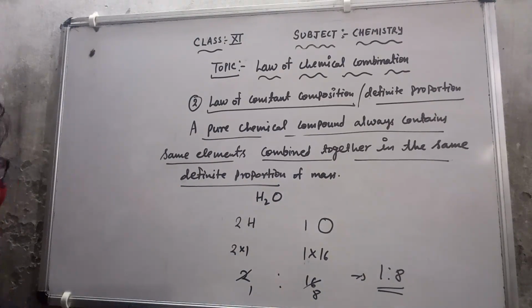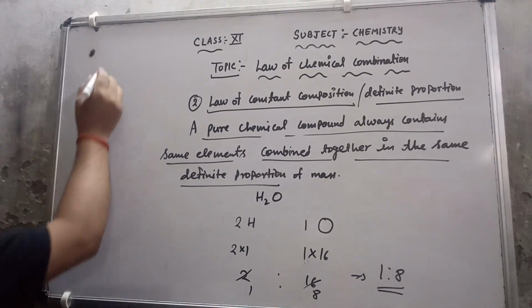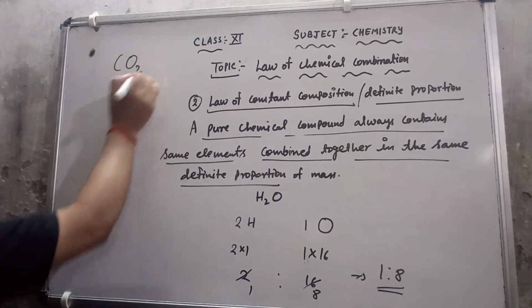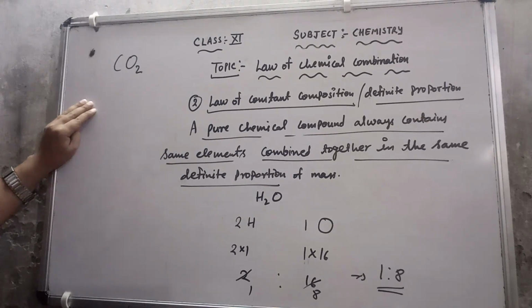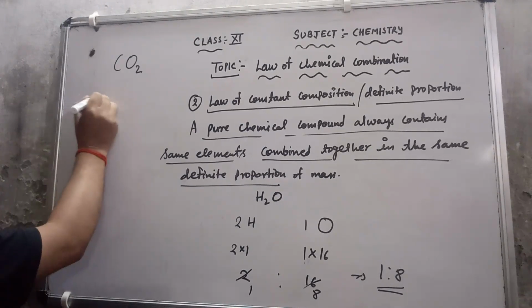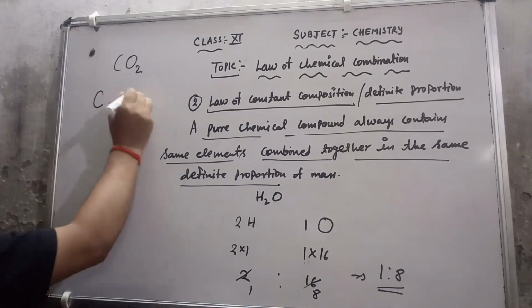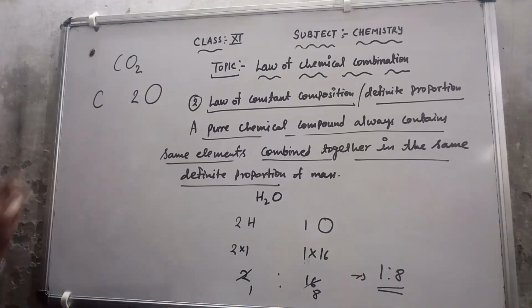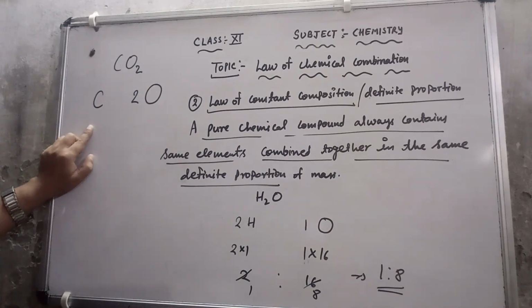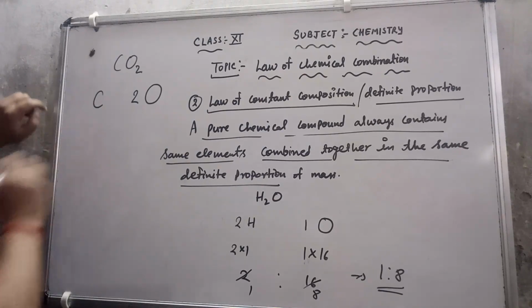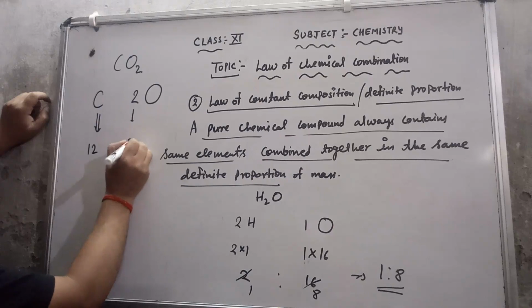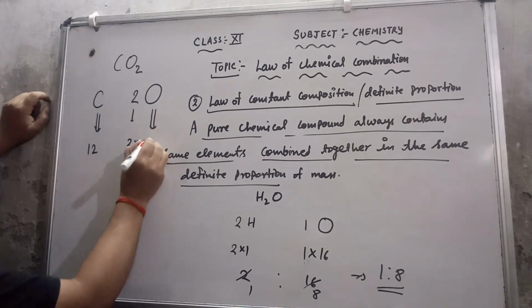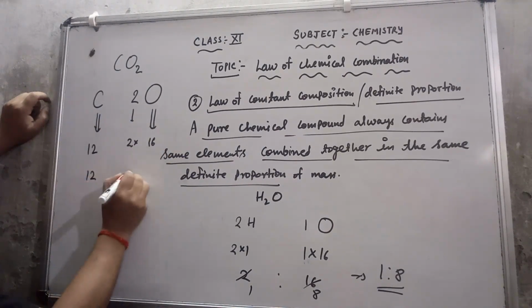The second example I will discuss with you is carbon dioxide gas. This is CO2. If I want to make carbon dioxide, it contains two elements: one atom of carbon and two atoms of oxygen. Now the mass of carbon is 12, and 2 multiply mass of oxygen 16, so this is 32.